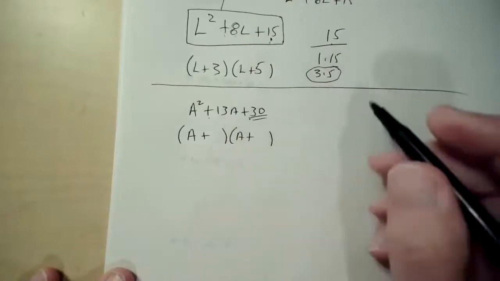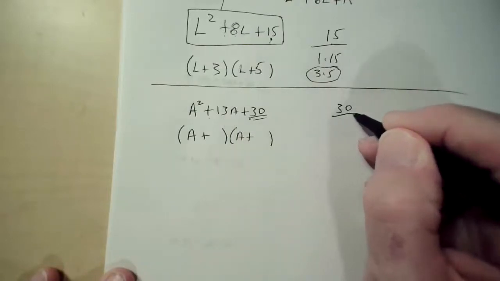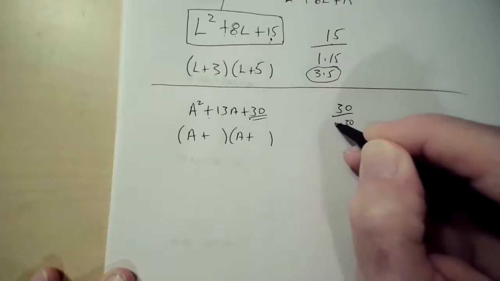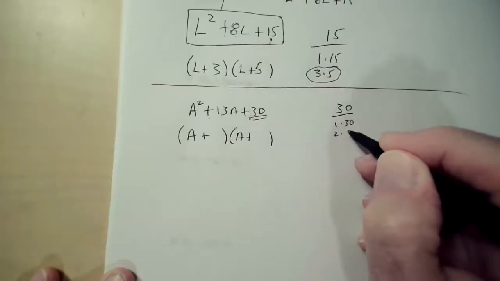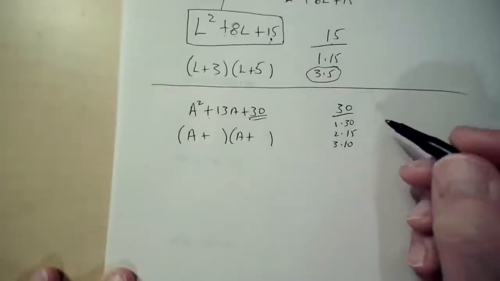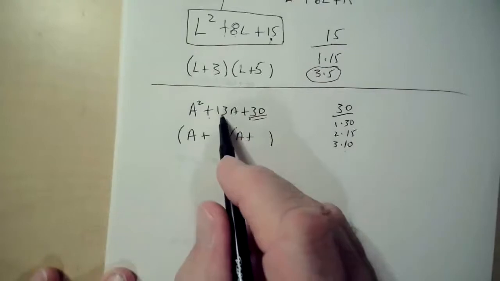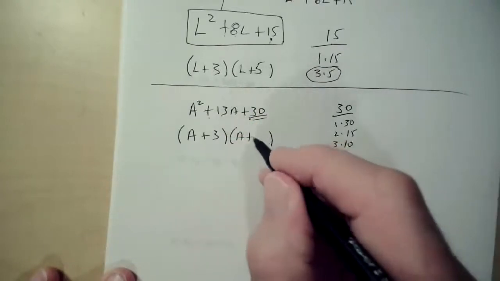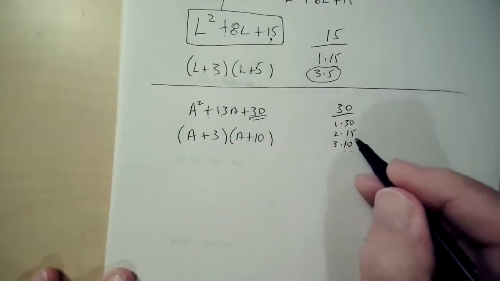Now, we want the factors of 30 that add up to 13. 1 times 30, no. 2 times 15, no. 3 times 10, there it is, huh? 3 and 10 are 13.